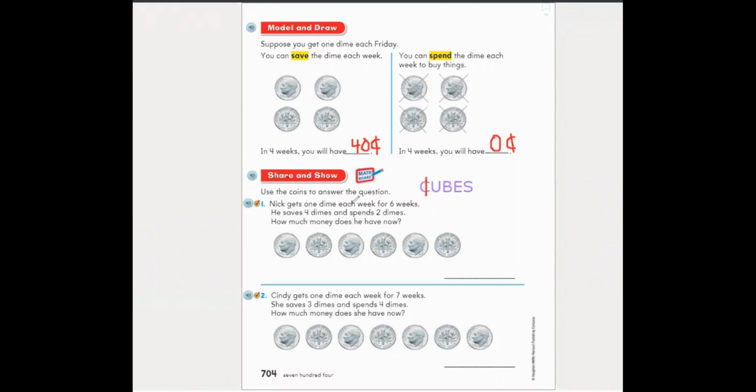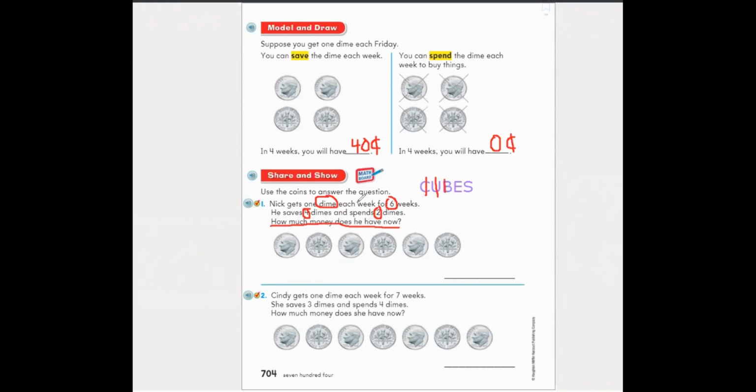Okay, so we have dime is like money. He saves for 6 weeks. He saves 4 dimes. He spends 2 dimes. Now, underline the question. How much money does he have now?